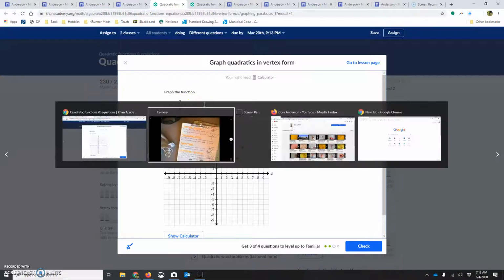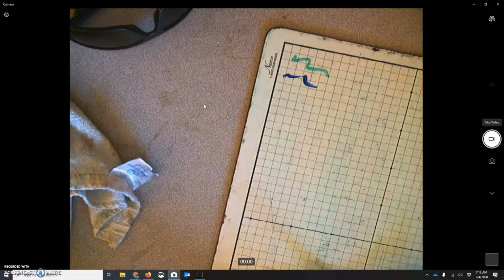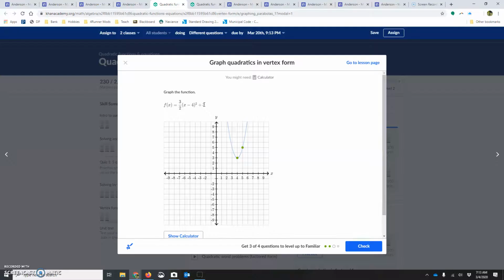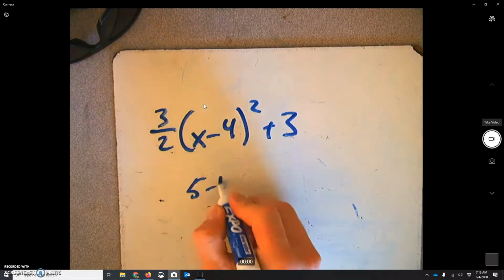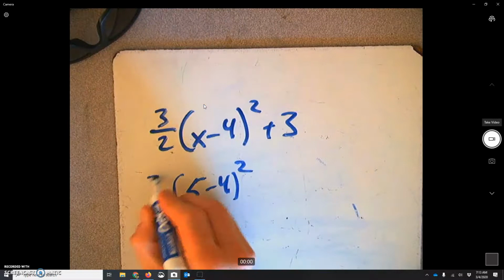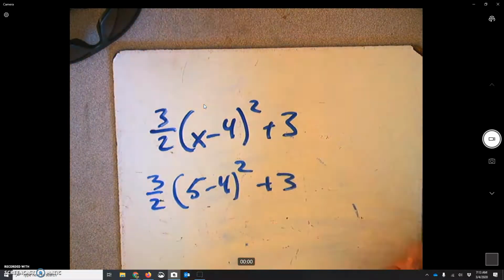Okay, so I'll go to the board for this one. I think I might be going a little too fast in my head. So write it down. All right, so we're plugging in 5. So 5 minus 4 squared, times 3 halves, plus 3.